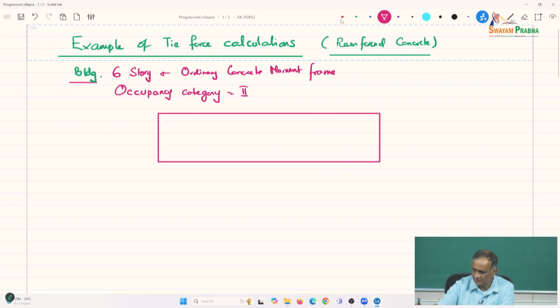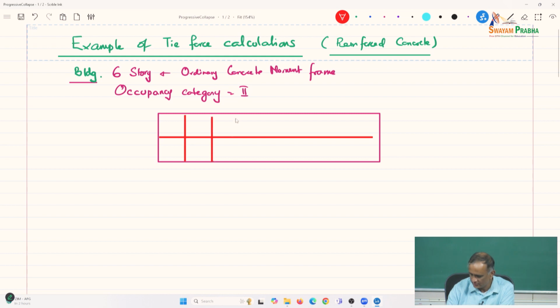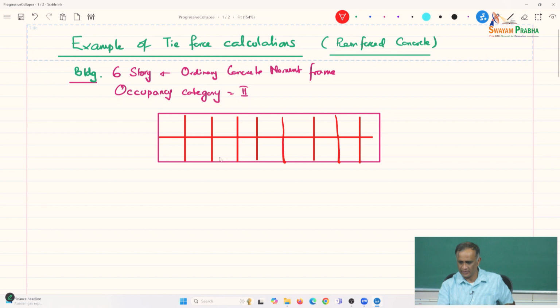So, the building plan has 2 bays in the y direction and 9 in the x direction. Let us count: 1, 2, 3, 4, 5, 6, 7, 8. So, that is 9 bays in the X, and then there is a cantilever canopy on either side.